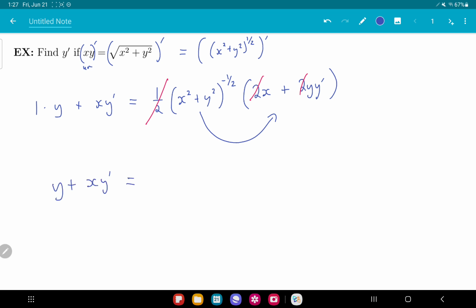What do you get? You get this times x to begin with, plus same thing times y prime.